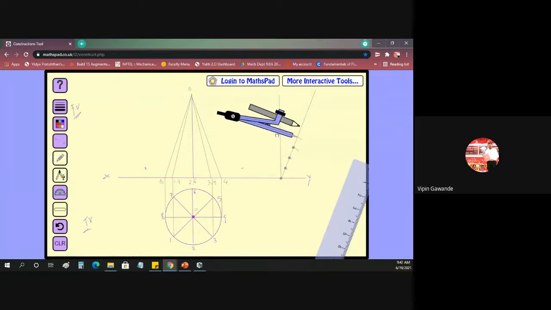Then this one is 5. Then this one is 6. Then this one is 7. And the last point is here. This one is 8. So I have divided the line into 8 parts.